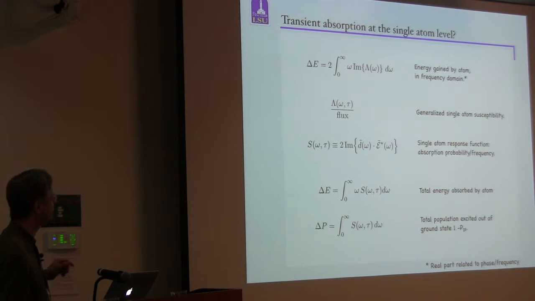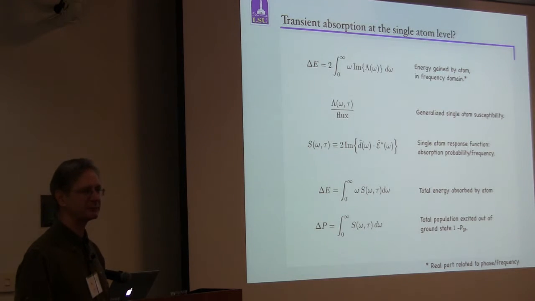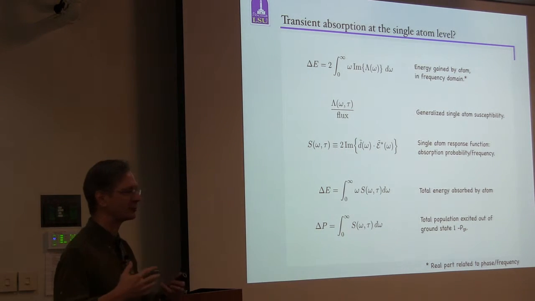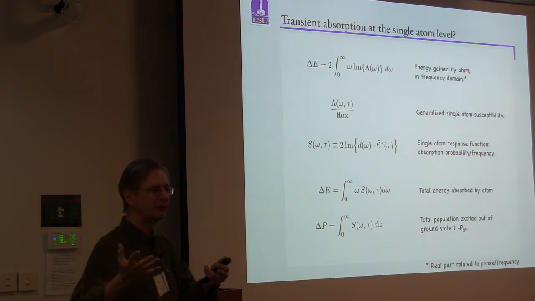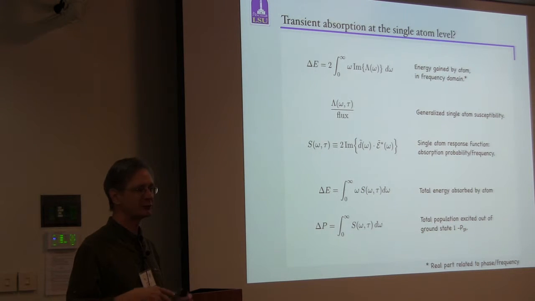And now there's just a few more steps. So this again is my expression for the energy gain. If I were to divide this lambda by the flux of incoming radiation, it now looks like a generalized single atom susceptibility. The imaginary part corresponds to absorption or emission. And although I'm not going to use it in this talk, the real part of it corresponds to dispersion.